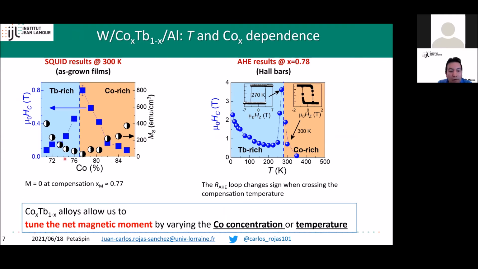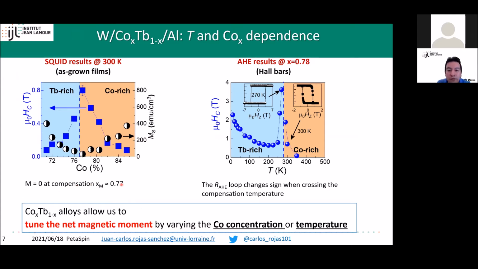We have a different composition, and this is a room temperature result of magnetometry. On the left, we show the coercive field, and on the right, the net saturation magnetization. And we can see that the coercive field tends to diverge, while the net magnetization tends to zero at this magnetic compensation point.